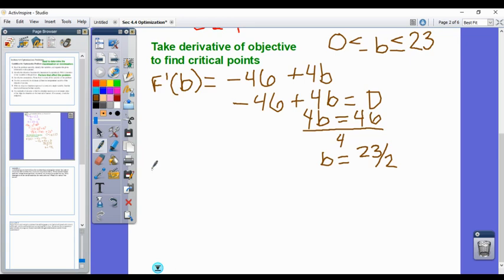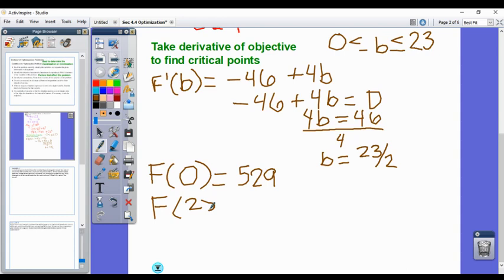So when b is 0, and we plug into our objective function, and I'm using the 529 minus 46b plus 2b squared, we're going to get 529. And when we plug in 23, we're going to get 529.